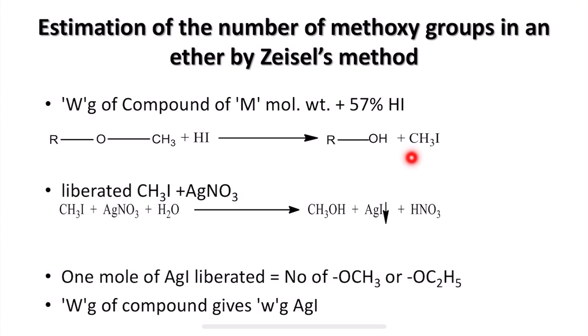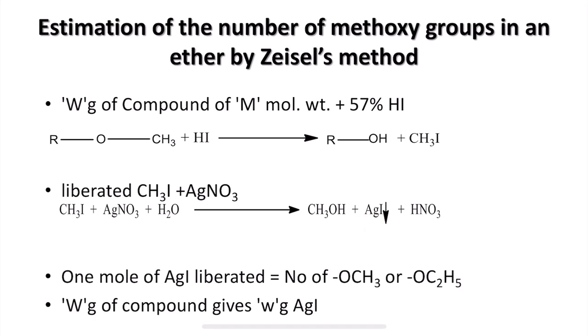This liberated methyl iodide is absorbed in alcoholic silver nitrate solution. When this methyl iodide reacts with silver nitrate, silver iodide is precipitated out.